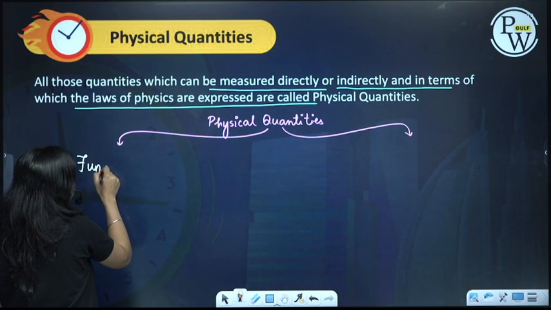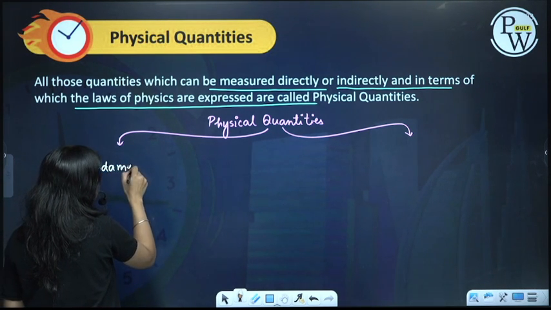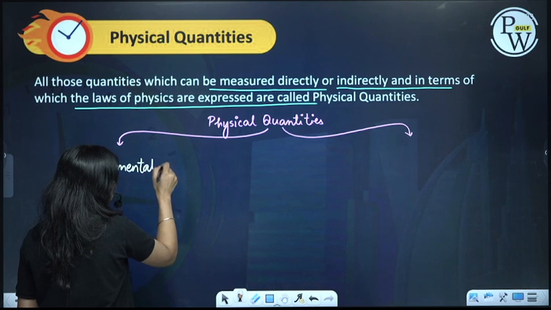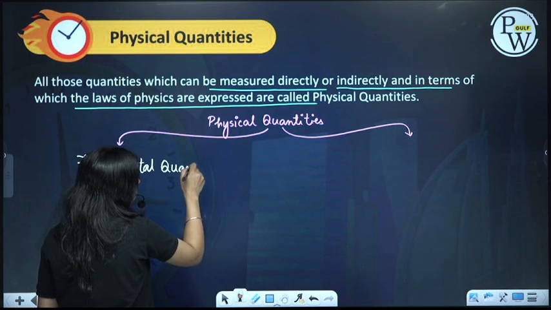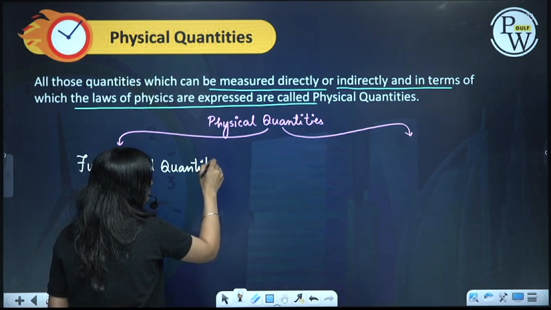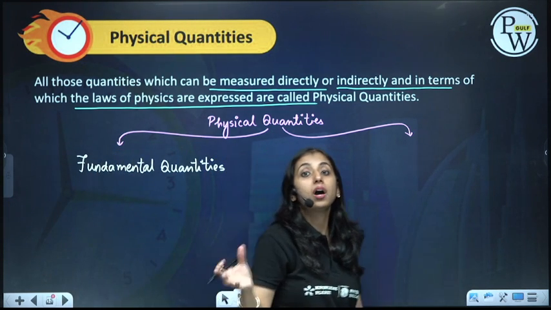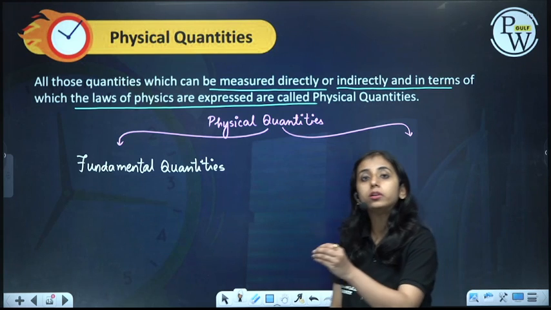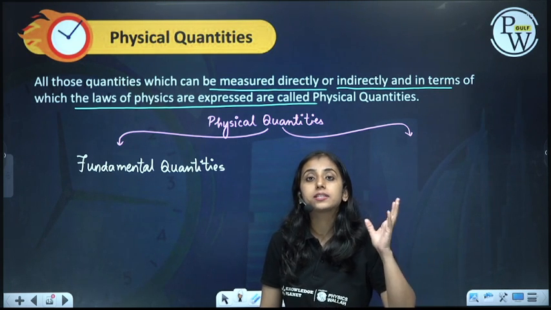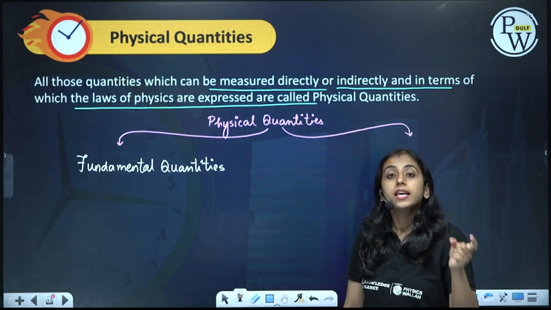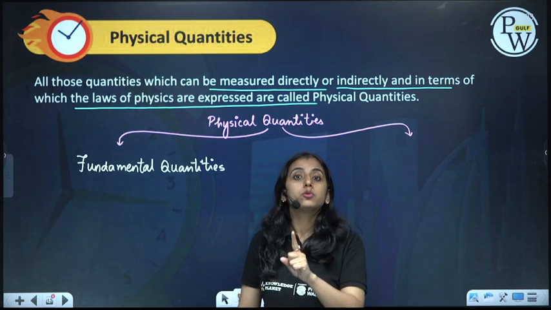Now what are fundamental quantities? These are the basic quantities, those quantities which cannot be expressed in terms of other quantities. These are independent of the other quantities.